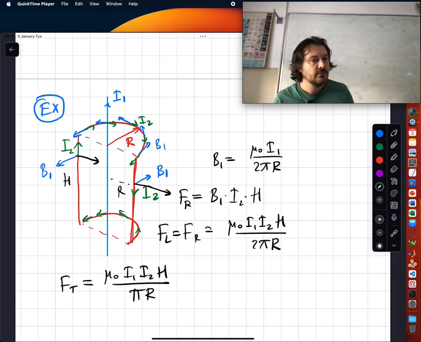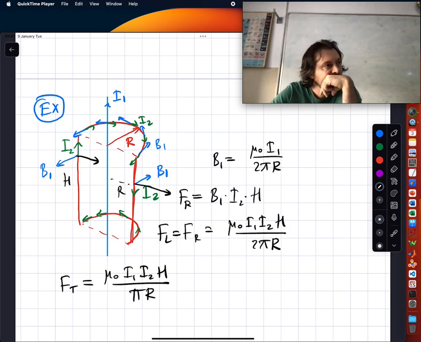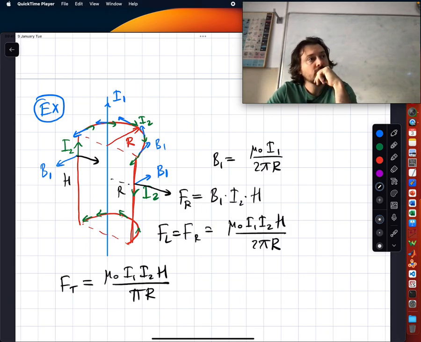Why did we take the cross product of B and dl? Because we said sine, I mean, we consider the sine, that's why it's 0, right? Yes.